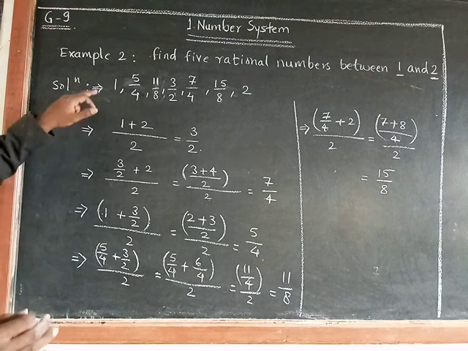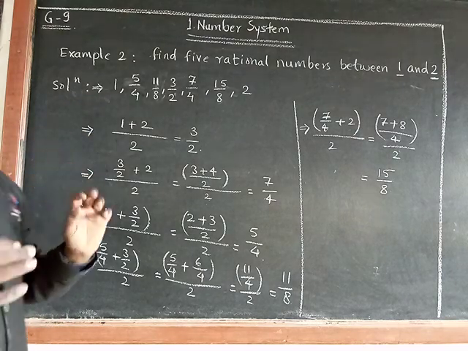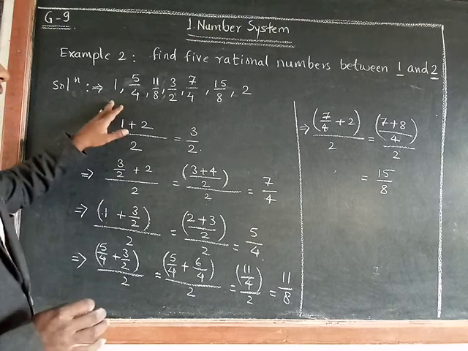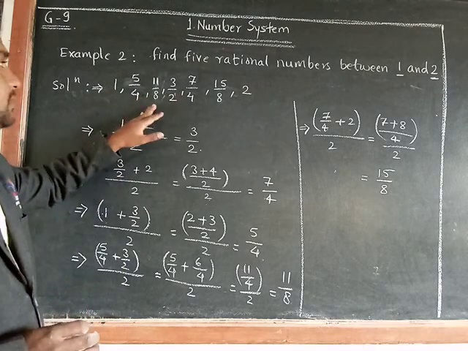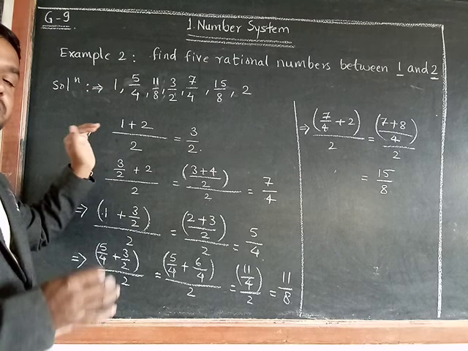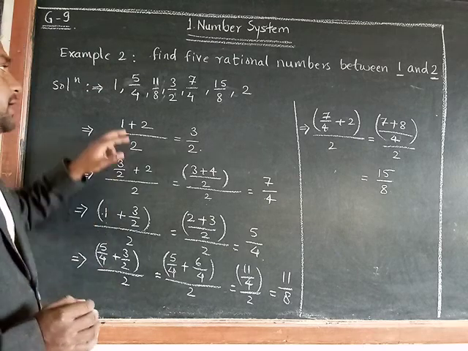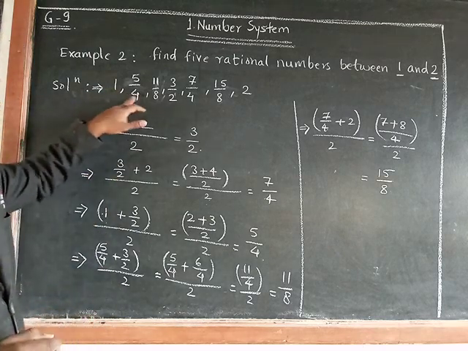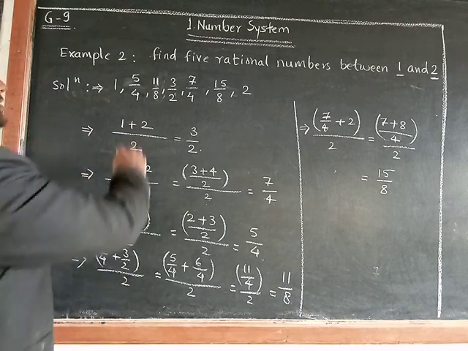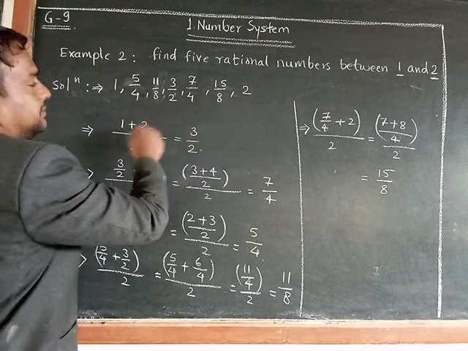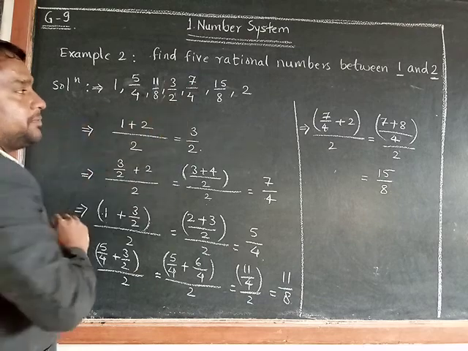In this method, again I say that we have to add two numbers and then divide by 2. Then we can find the middle number between those two numbers. For example, first we add 1 and 2 and find the middle number, 3 upon 2.